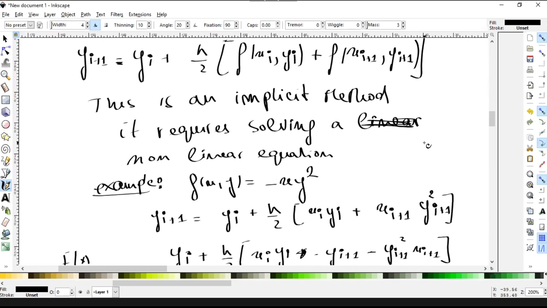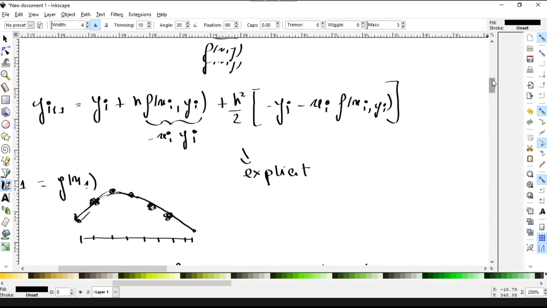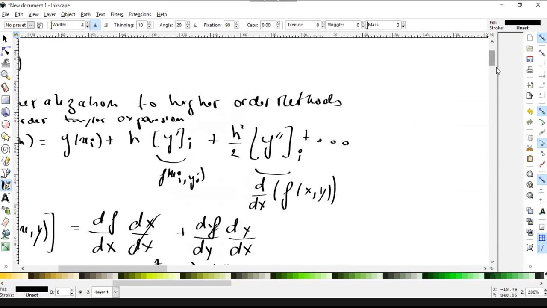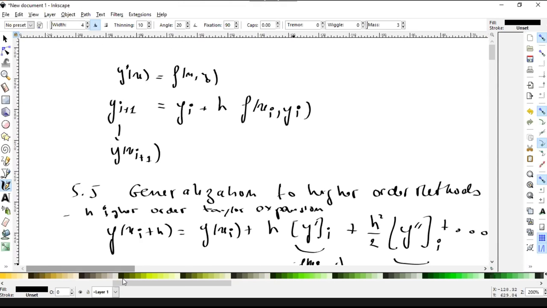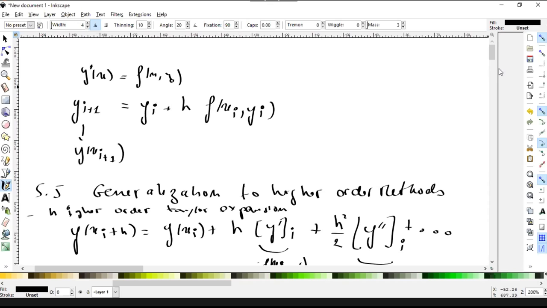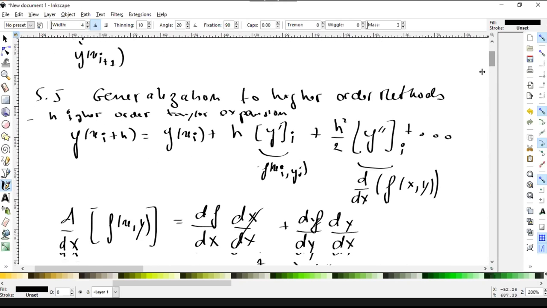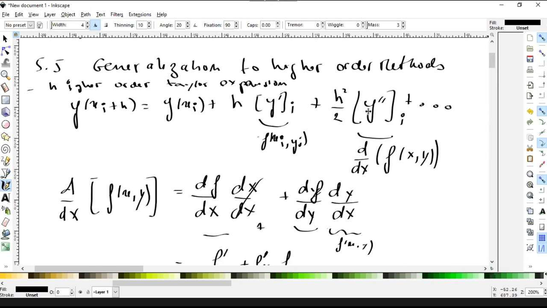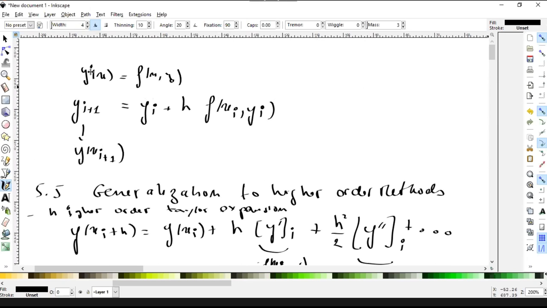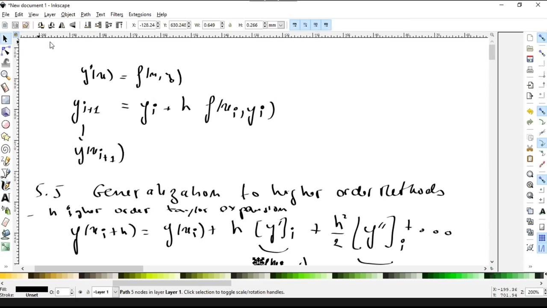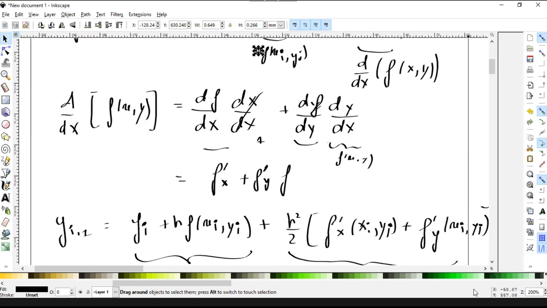That's why we will now introduce the Runge-Kutta methods. The Runge-Kutta methods are the most used explicit methods, and there are two different methods: one of order 2, meaning it's equivalent to a second order Taylor expansion, and one of order 4.